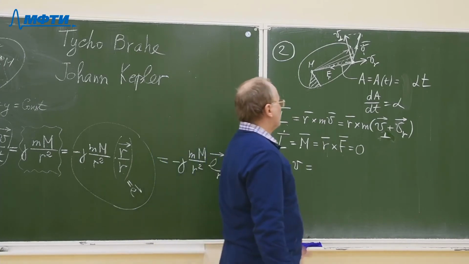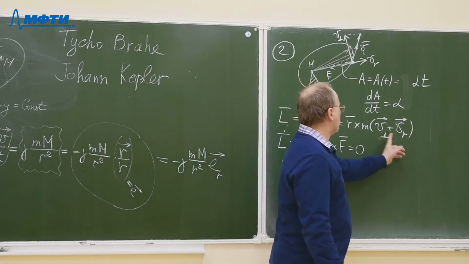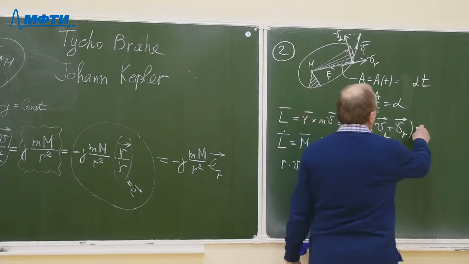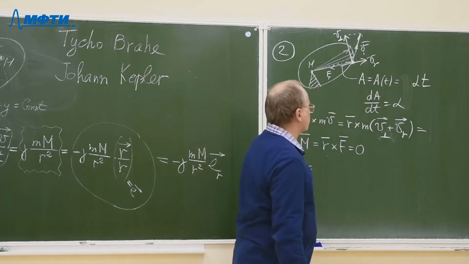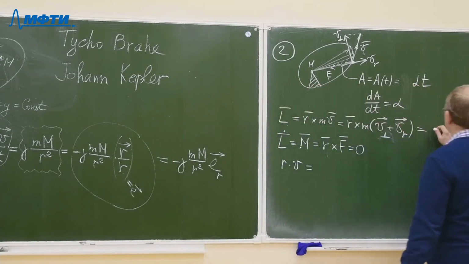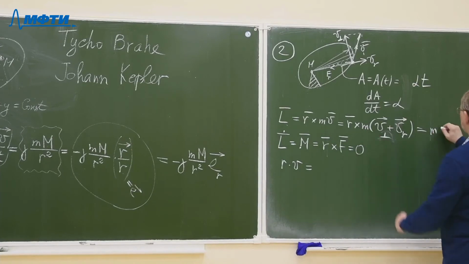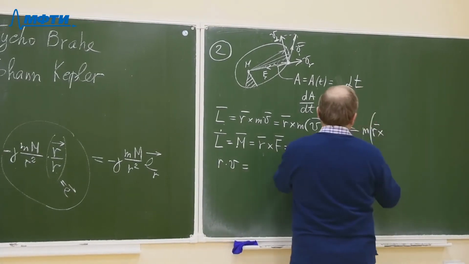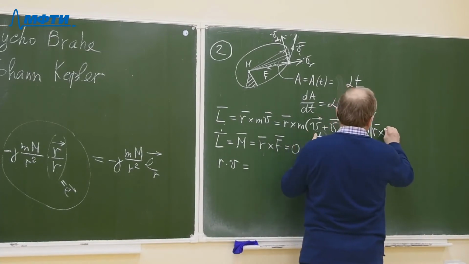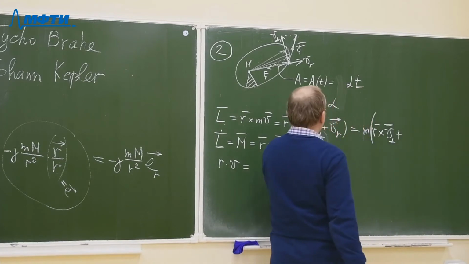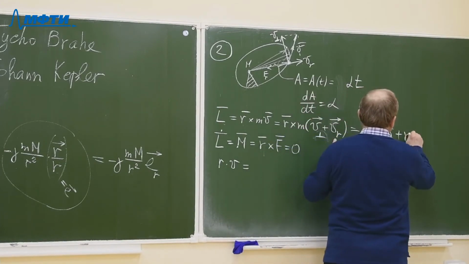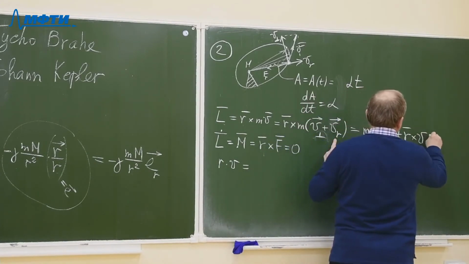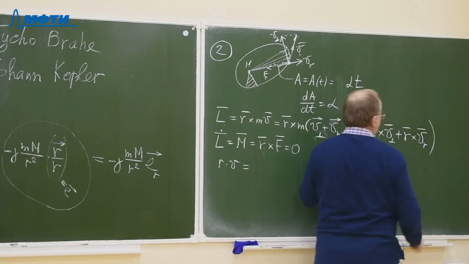So if we consider the velocity components, then we can open these round brackets, and, since mass is constant, we have m times r multiplied by the perpendicular component plus r multiplied by the radial component.